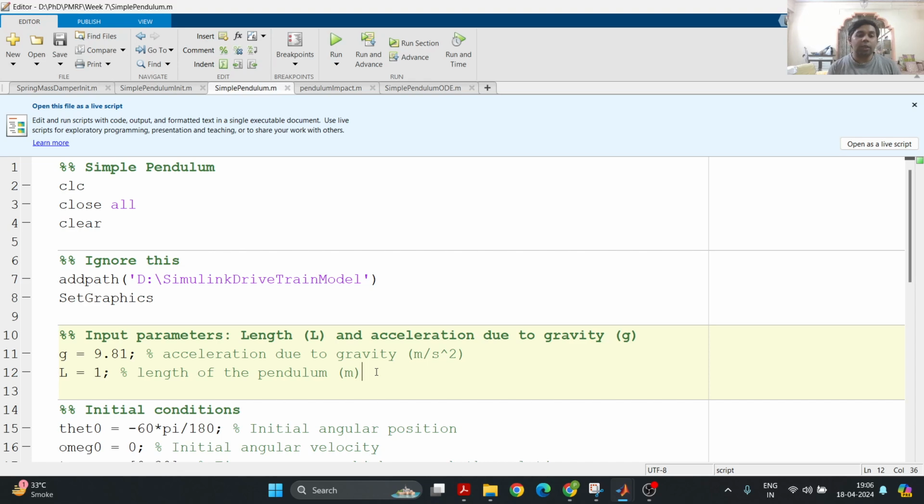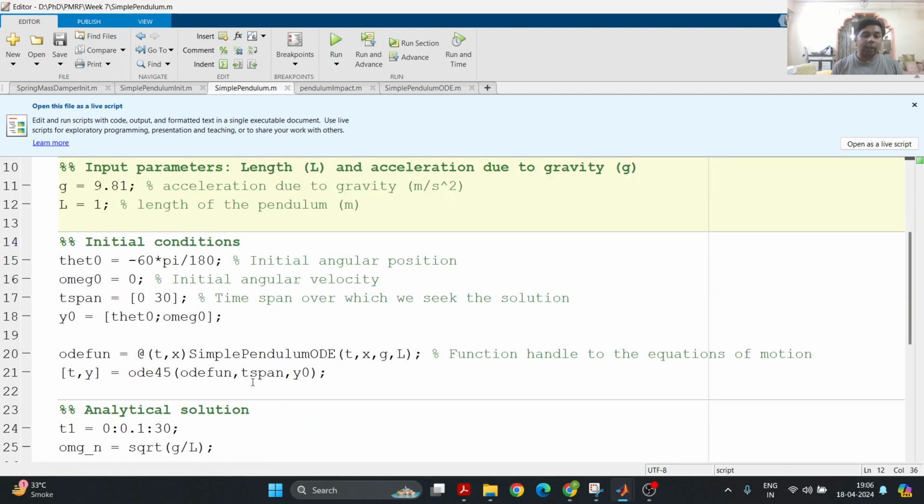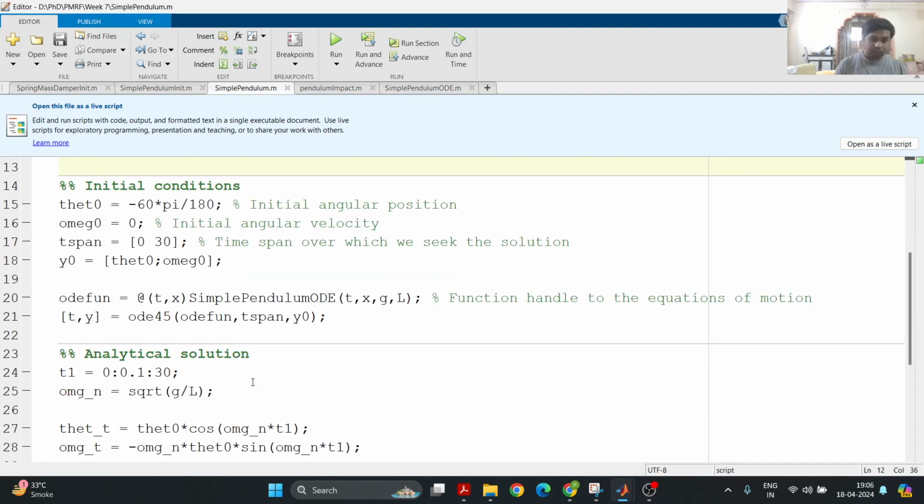Those will be the only parameters required, and the initial conditions, which are basically the initial angular velocity and initial angular position. Here we assume that we release the pendulum from a certain initial angular position with zero angular velocity, and then allow the pendulum to oscillate.